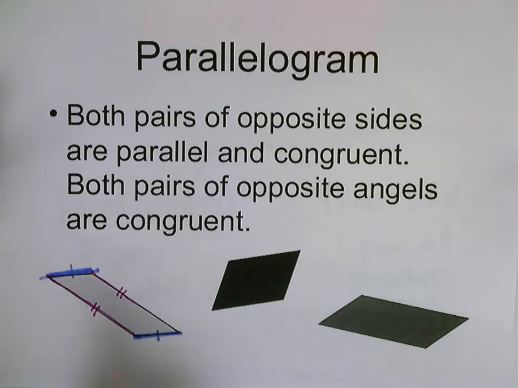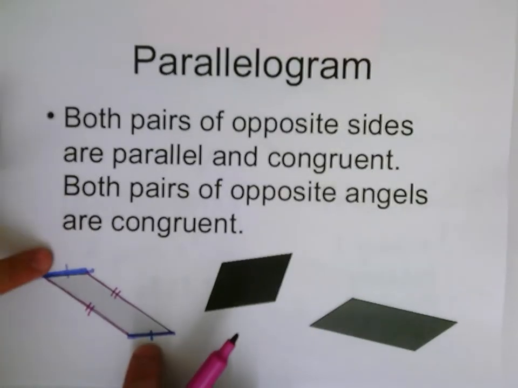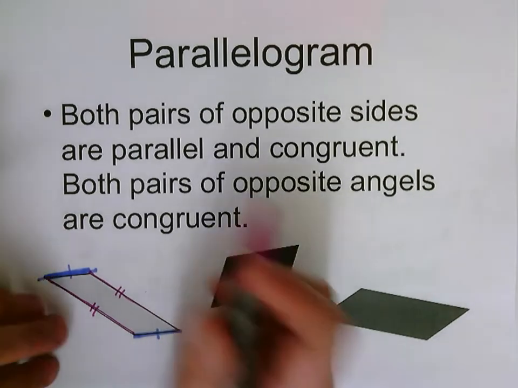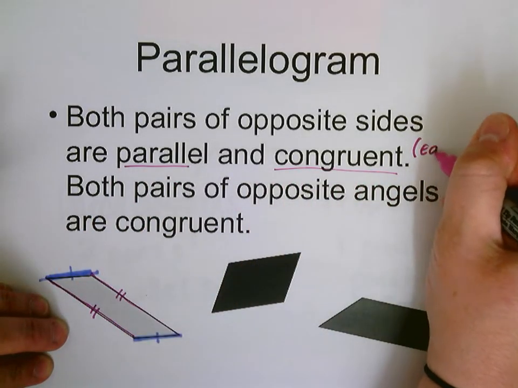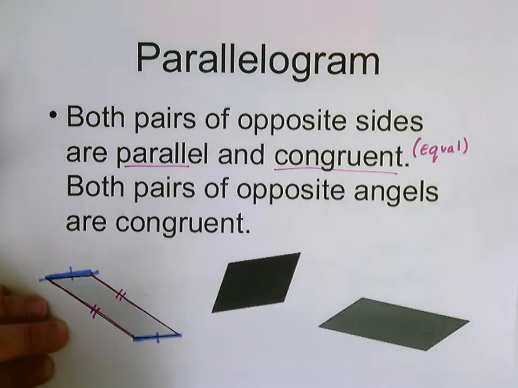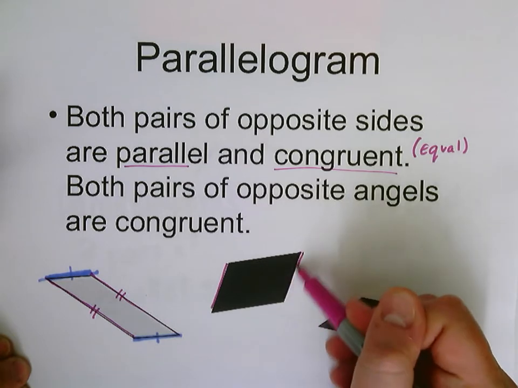So a parallelogram has opposite sides that are parallel and the opposite sides are the same length. So they're parallel and congruent. Remember we said that congruent means equal. Okay, they're the equal length. So here I have this side is parallel to this side and they are the same length.